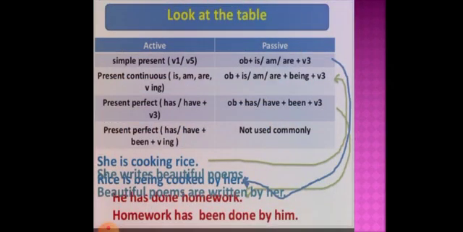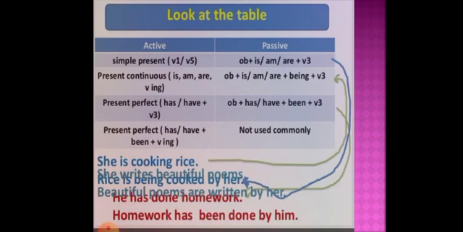Look at the table. Active of simple present tense, V1, V5, will be changed into object plus is, am, are plus V3. For example, she writes beautiful poems.